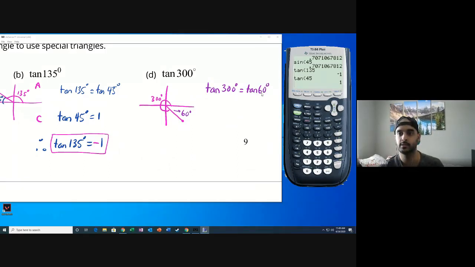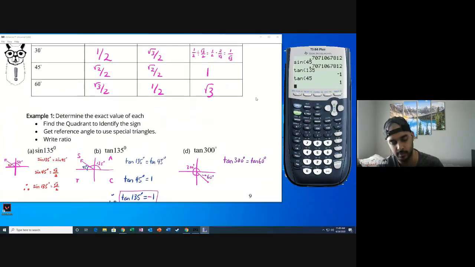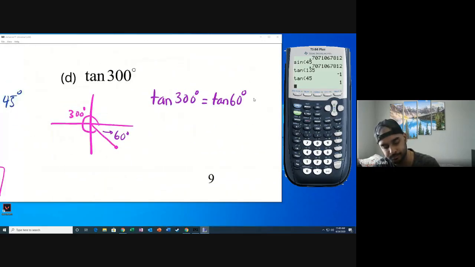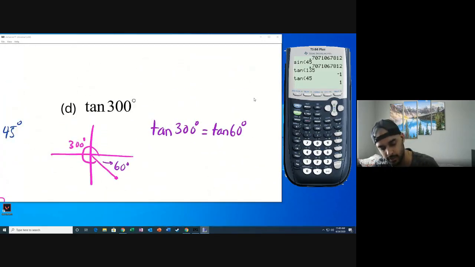So I need to go locate tangent 60. 60 is one of our special angles. So let's go check up above so we don't have to build it all from nothing. Actually, maybe we should. Let's draw our triangle, and hopefully we do all of this correct. Okay, so here's my right triangle. Here's my right angle. Let's start with 30. So 30 is 1/2 of 60, root 3 over 2.